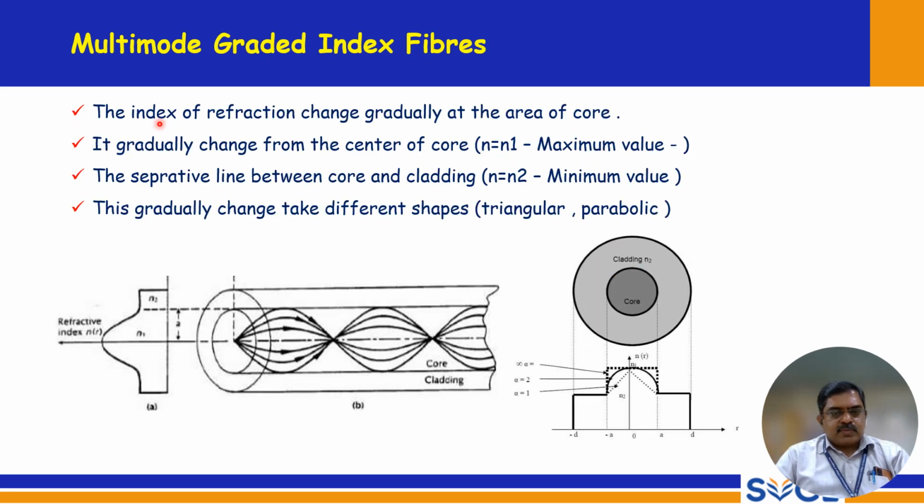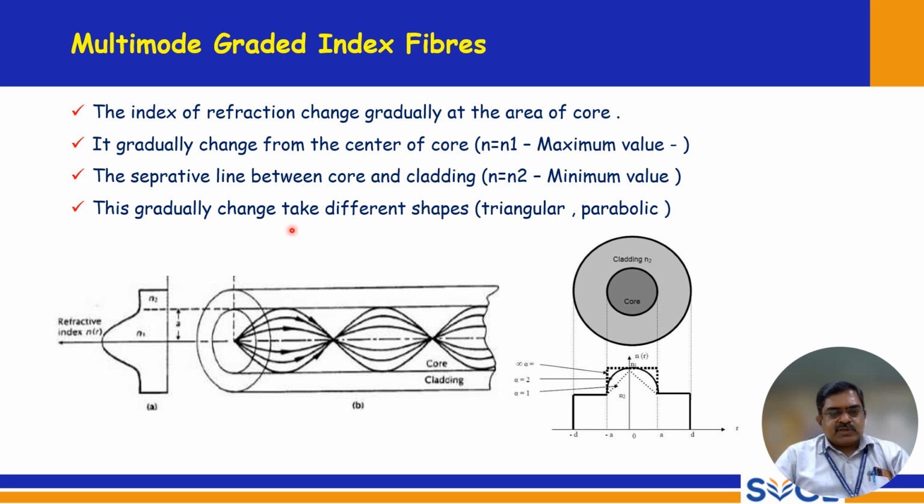Now, multi-mode graded index fiber. Here the index of refraction changes gradually across the core. It changes gradually from the center of the core, where n equals n1, the maximum value, to the boundary line between the core and cladding, where n equals n2, the minimum value.